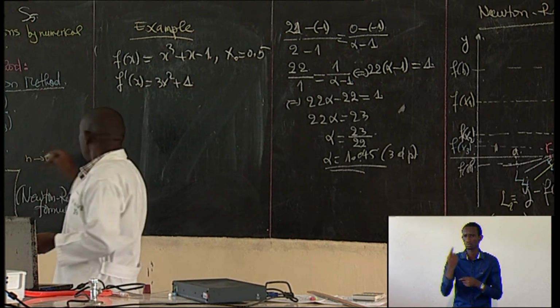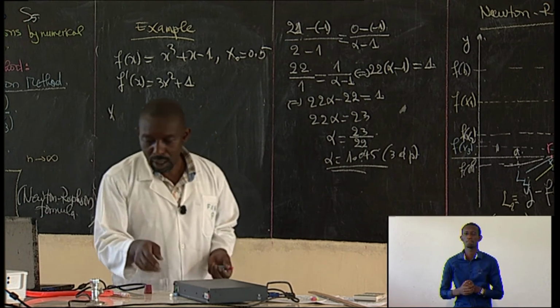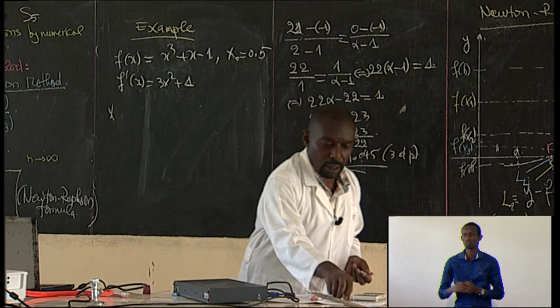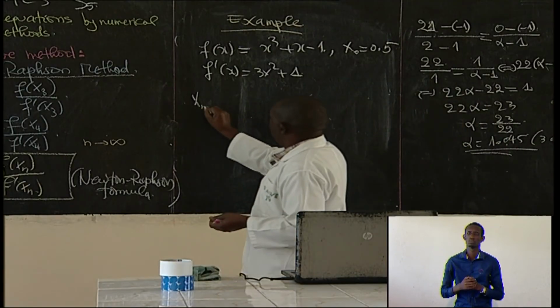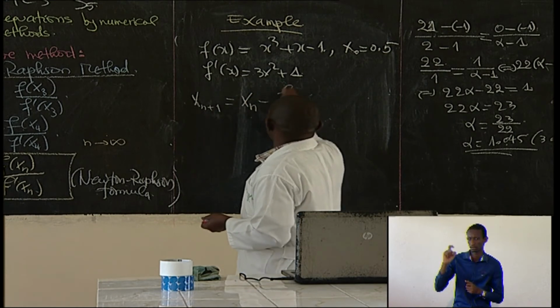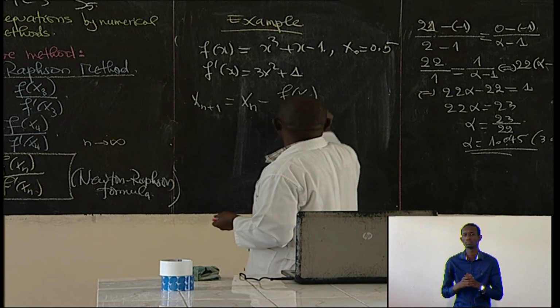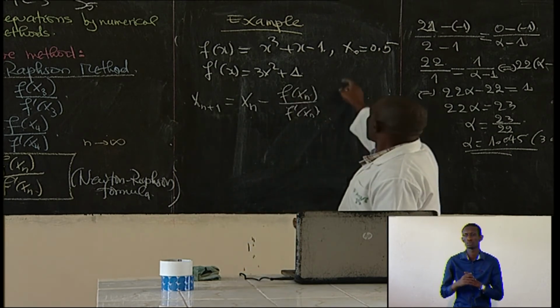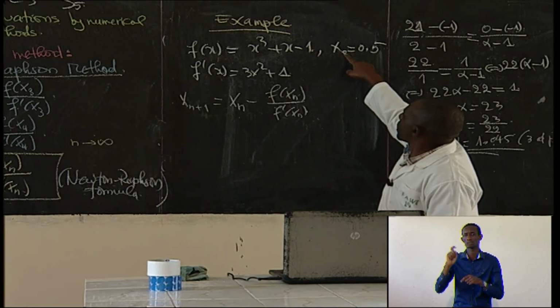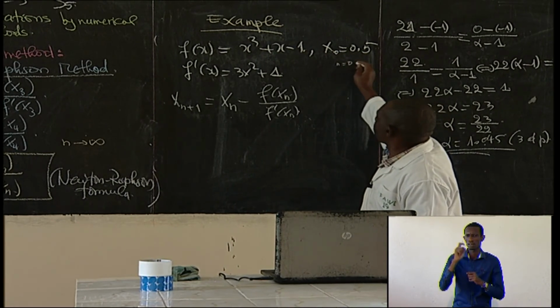Using this formula, xn plus 1 is equal to xn minus f of xn divided by f derivative of xn. For me, x naught equals 0.5, which means n equals 0.